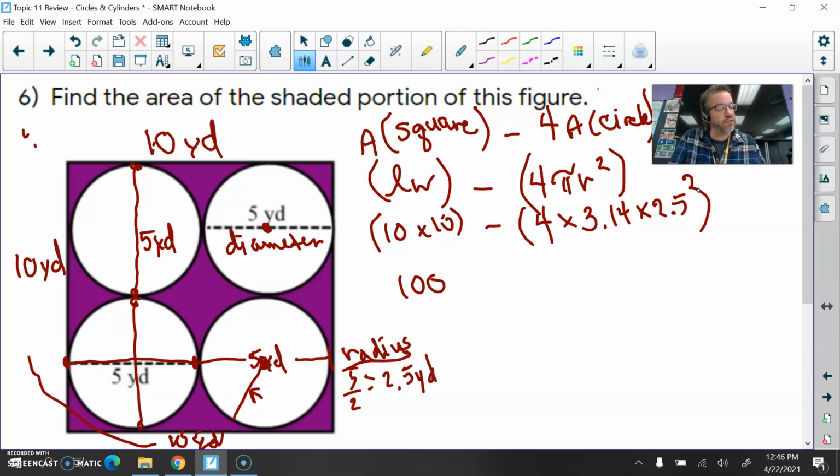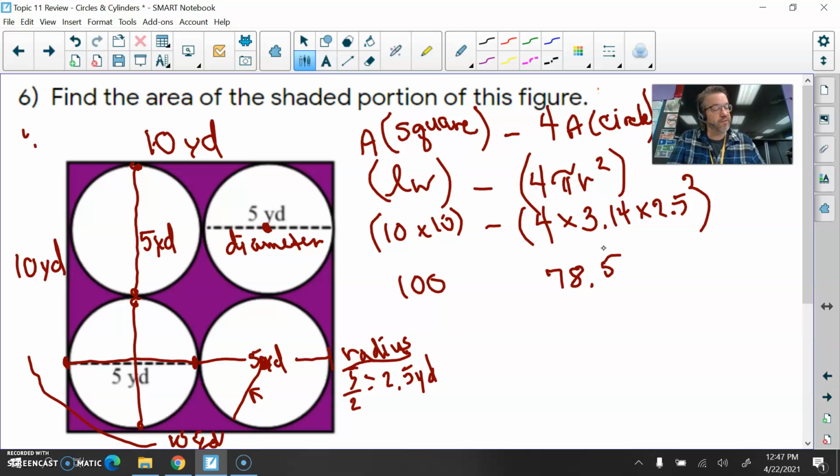So I'm going to take my calculator. I have to do the 2.5 squared first. We always start with our exponents. And then multiply by 3.14, and then by 4. Oops, I messed up. And I get 78.5. That's all 4 of the circles. That's all of their areas together.